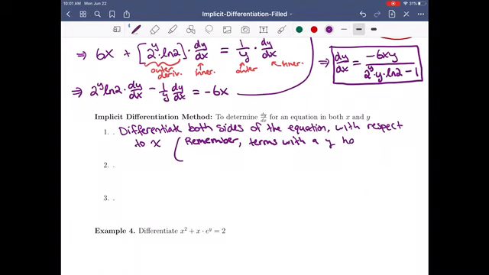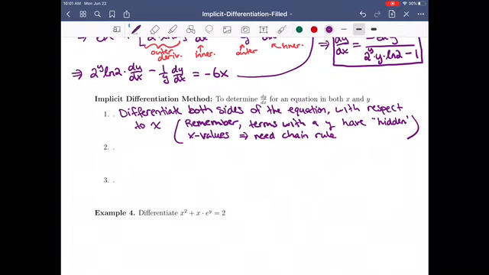So they have hidden x values. That means that when you take the derivative, you need the chain rule. So you want to multiply by y prime or dy dx.